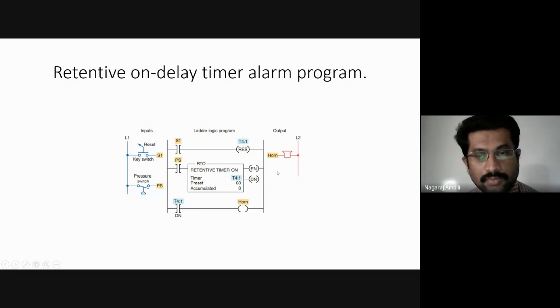Now, once the alarm sirens, the maintenance person who is attending this system will come and rectify the problem. First he will reset the horn, he will press the reset switch, this key switch.